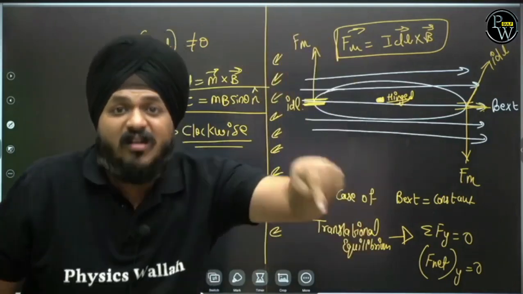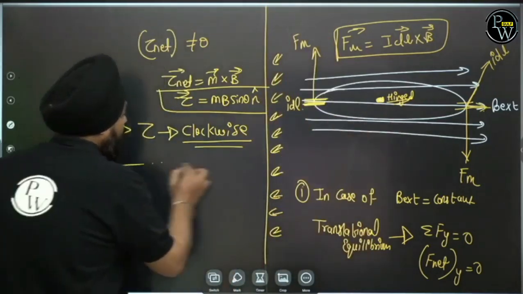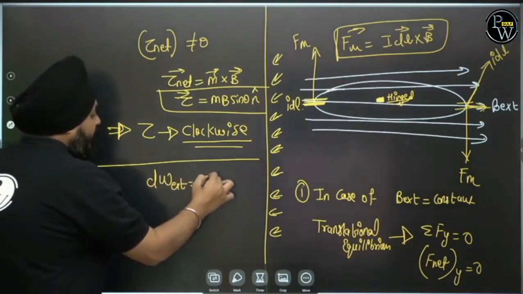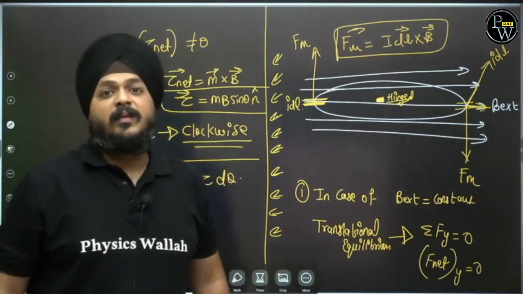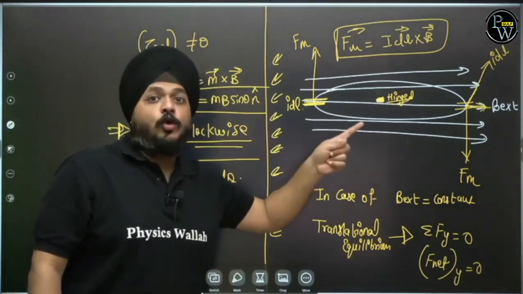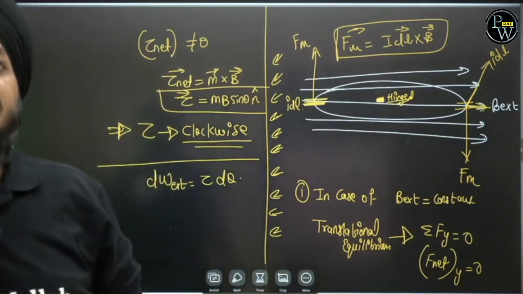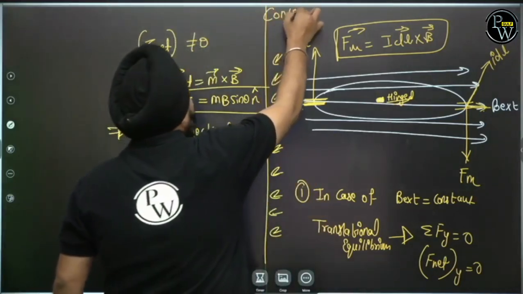Do the work. I have given the task to the external force: do the work against the torque to stop the rotation of the coil. This is the actual concept that we are going through, guys.